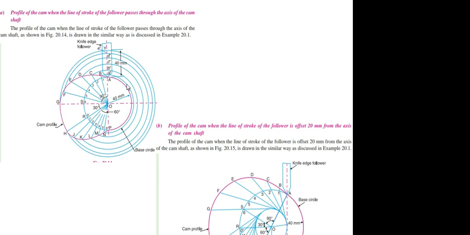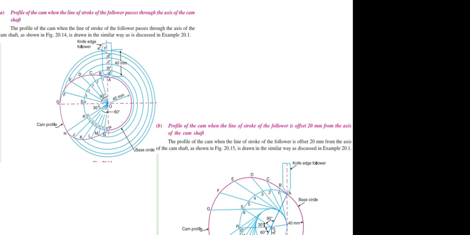Here in the first condition, the axis of follower is in line with the cam axis. Here the axis of follower is offset by 20 mm from the cam axis. So this is the axis of follower which is offset from the cam axis by the 20 mm distance. As the cam is rotating in clockwise direction, we are going to divide the base circle in anti-clockwise direction.